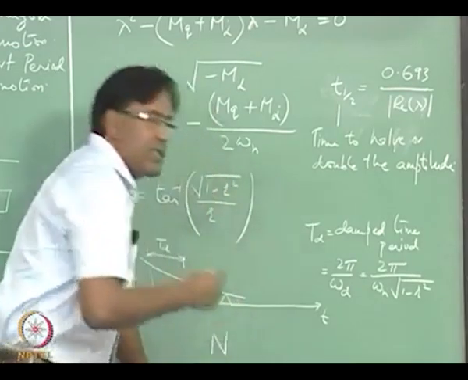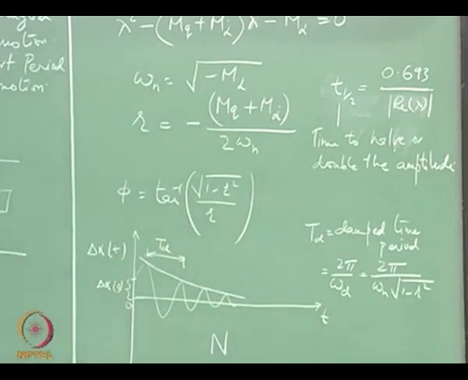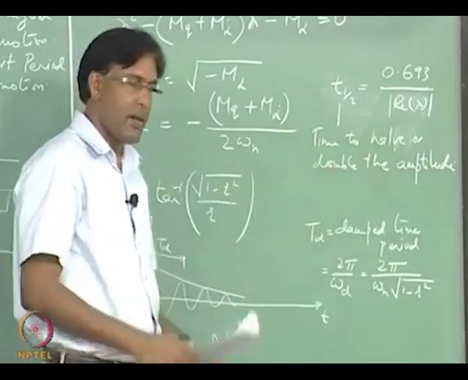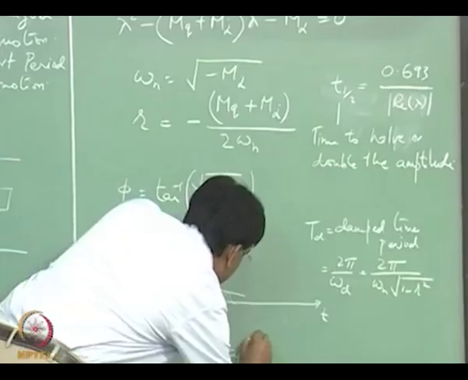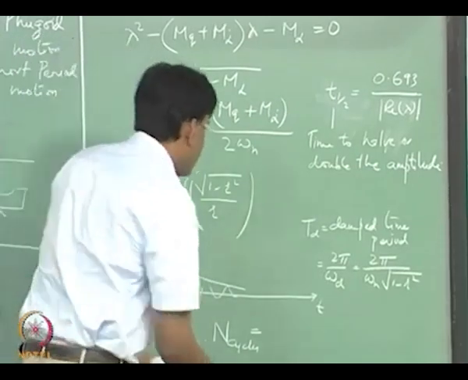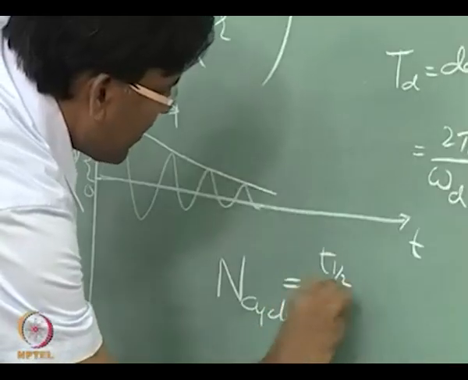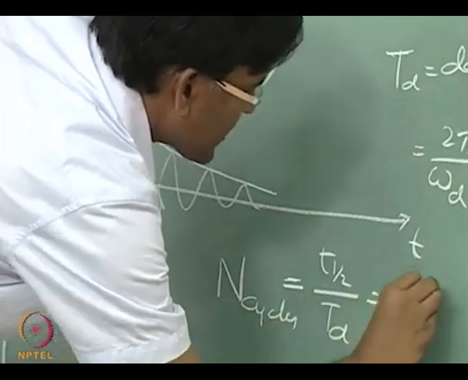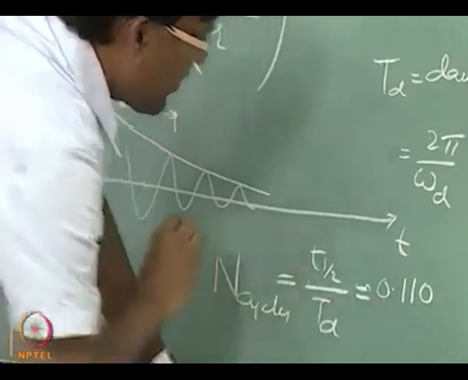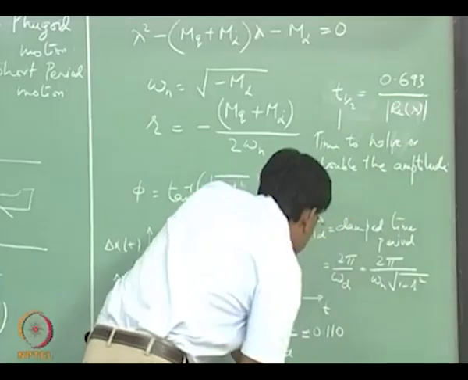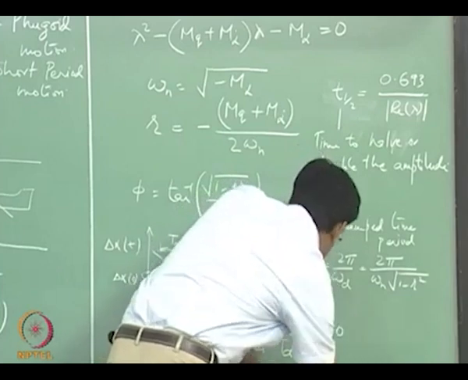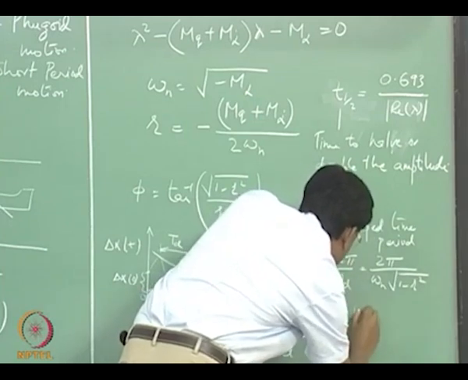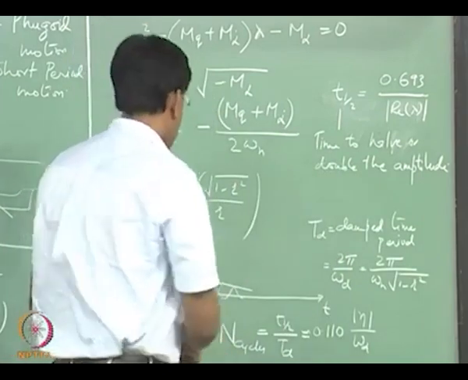Another parameter is the number of cycles that it will take in the time to half or double the amplitude. This is roughly equal to 0.11.